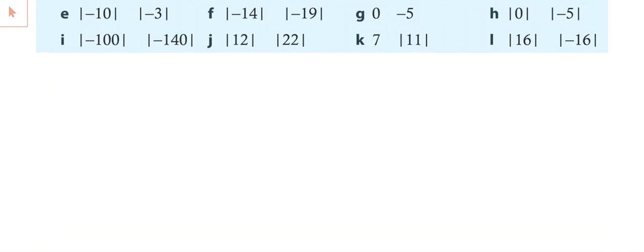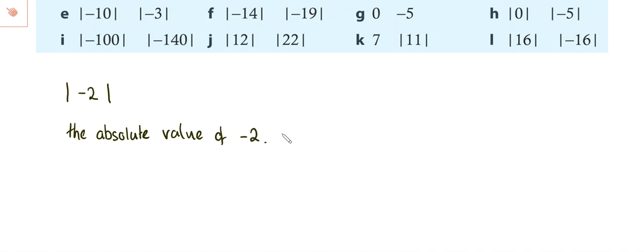Okay, so let me just write, we can do this as an example underneath. A straight vertical line, -2, straight vertical line. Kind of like brackets, but straight vertical, not curved. That might be new to you. This is called the absolute value of -2.